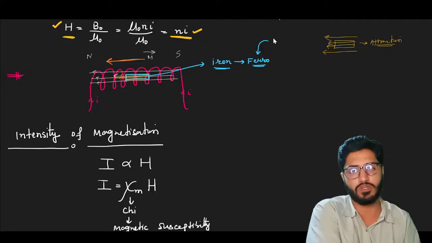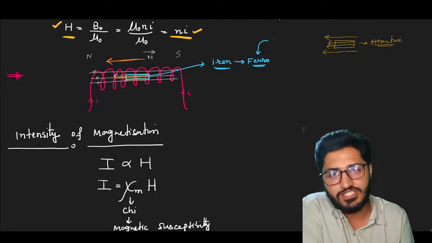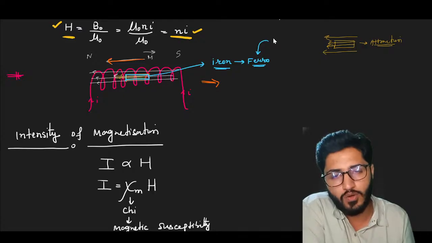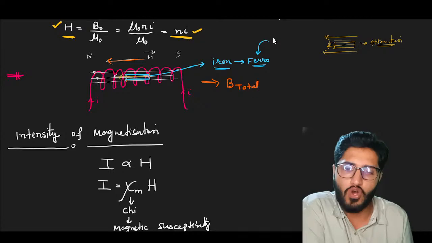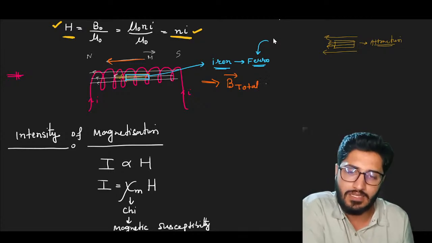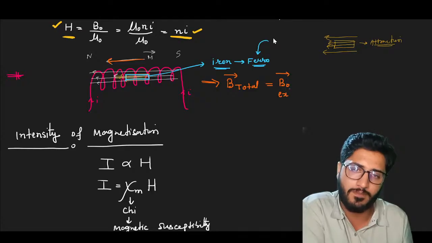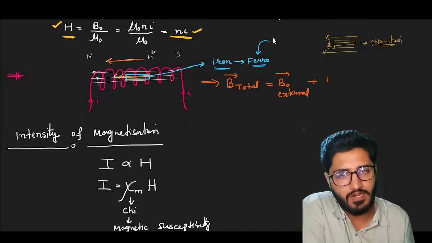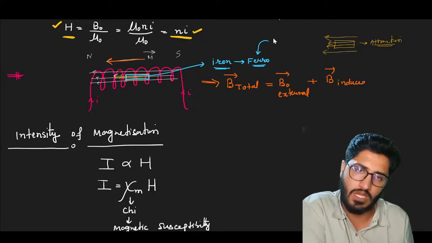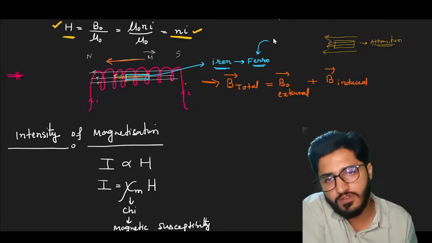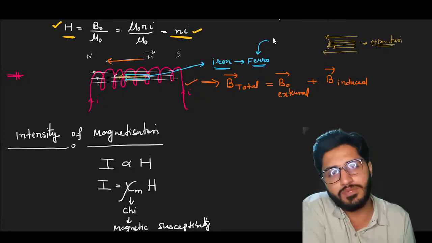Now look here. If we are dealing with this particular figure and you want to write the net magnetic field, one magnetic field is due to the external field, due to current. One magnetic field is inside and it is induced, just because of this iron.